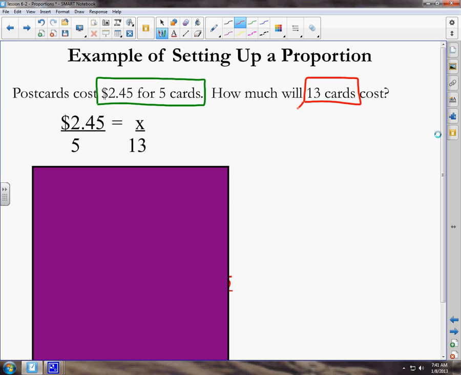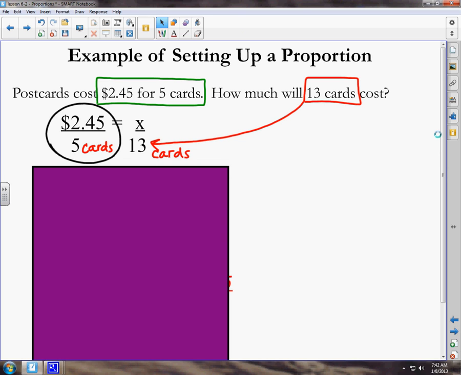Notice that I put 13 on the bottom of the proportion. I put it on the bottom because 5 cards was on the bottom on this side, and 13 cards goes on the bottom on that side. So whatever goes together, like $2.45 for 5 cards, goes in one fraction, and across from it is the other. The cards have to go together, both on the bottom.